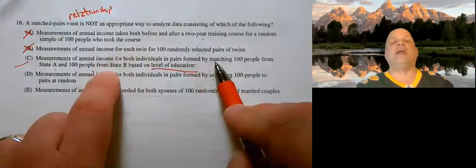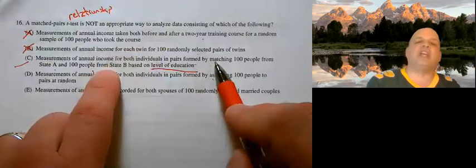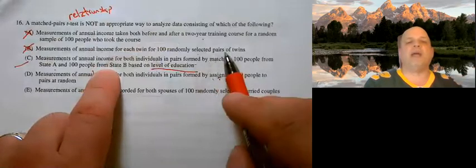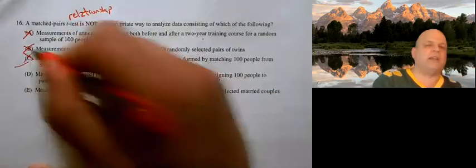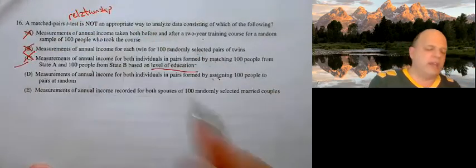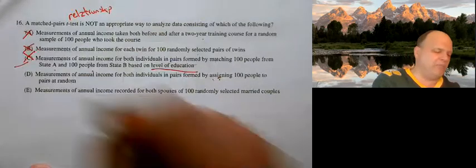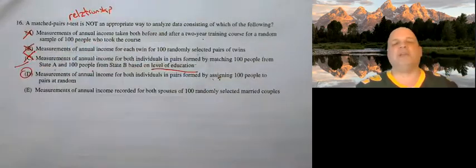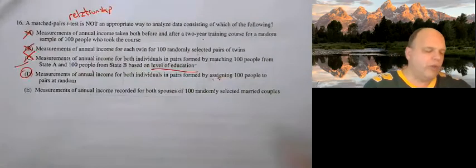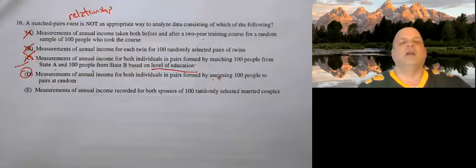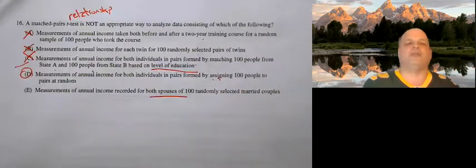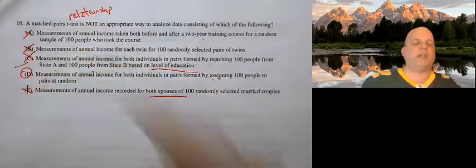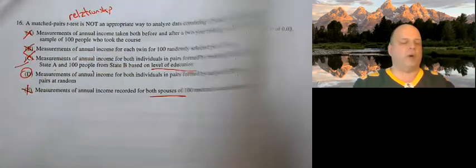Here, they matched me based on my education level. And since they matched me based on educational level, that is a pair. So that's not going to work either. Here is random assignment. You can't randomly assign me to a pair. So this is not appropriate. And then letter E, measurements of annual income recorded for both spouses. Once again, a spouse is a natural pair, so a paired test would make sense there as well.